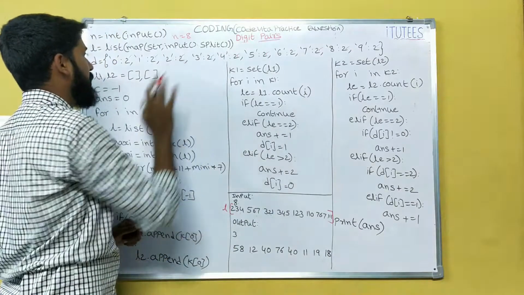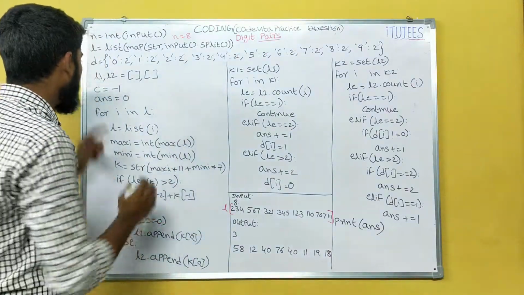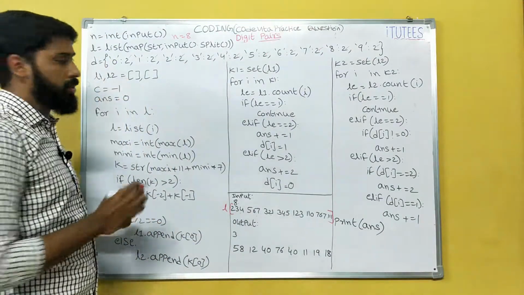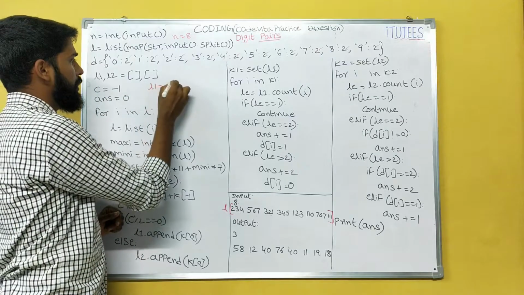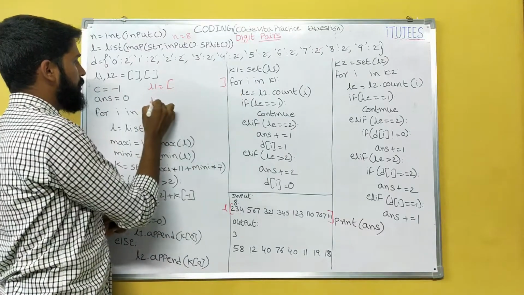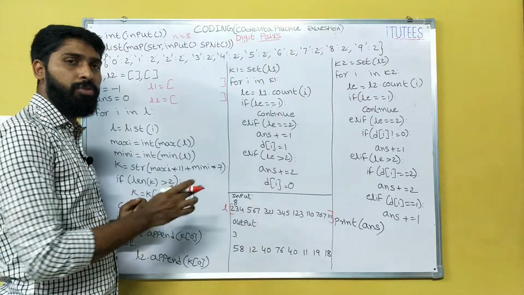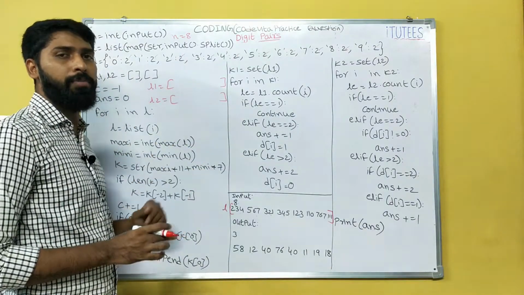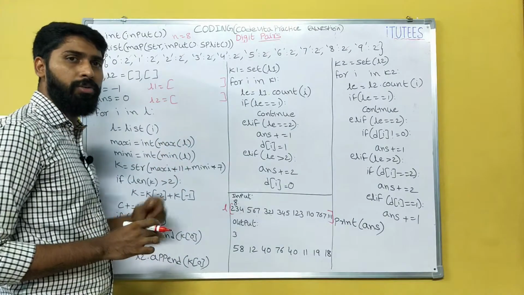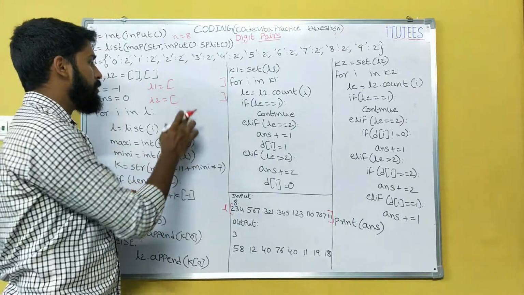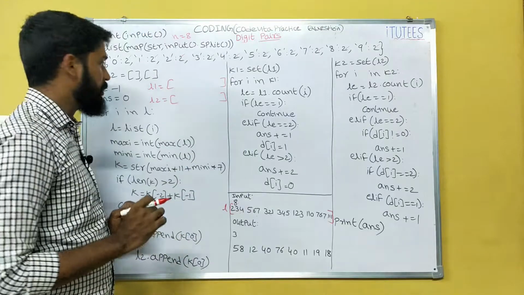I am taking 2 lists, L1 and L2. L1 is to store all the bit scores in even positions, and L2 is to store all the bit scores in odd positions.